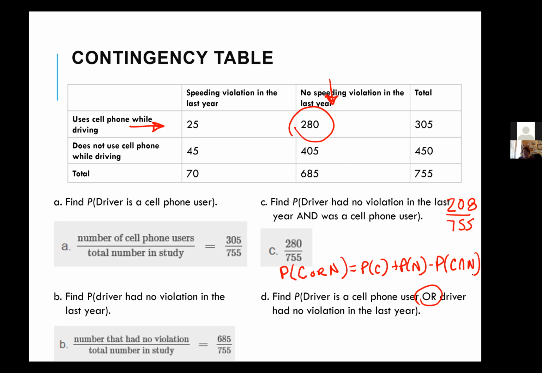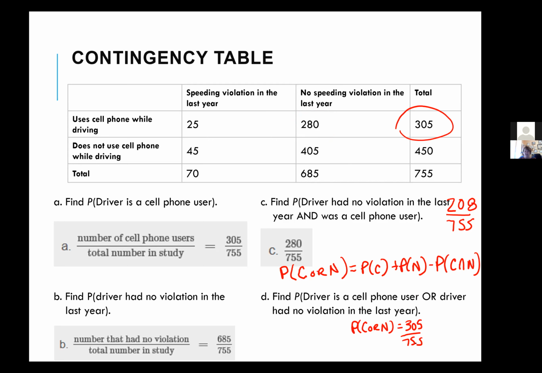Okay, so what's the probability that the driver is a cell phone user? Well, how many cell phone users do we have here? 305. So 305 of them were cell phone users. Okay, how many of them had no violation?